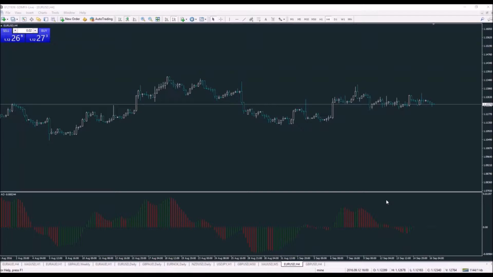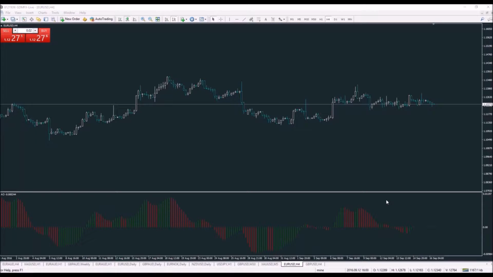But because the nature of the oscillator is designed to have values that fluctuate above and below the zero line, the generated values are plotted as a histogram, the one that you see in front of you, with red and green bars. Of course, when it's a green bar, the value is higher than the previous bar, that's obvious.